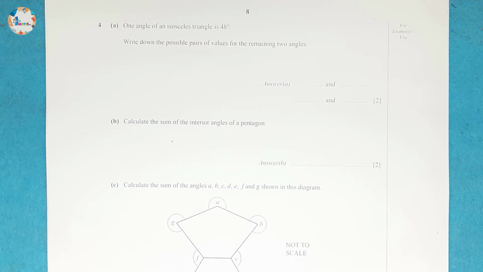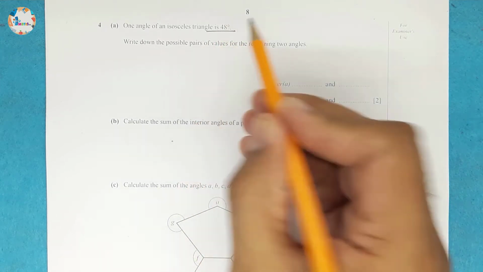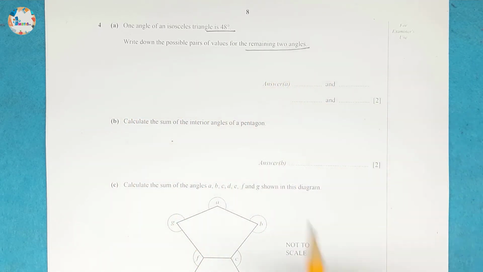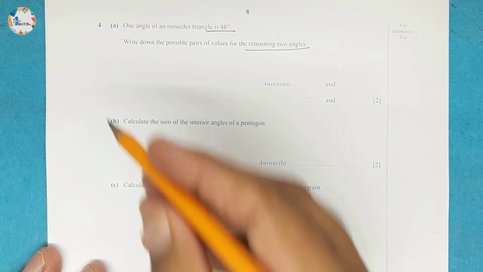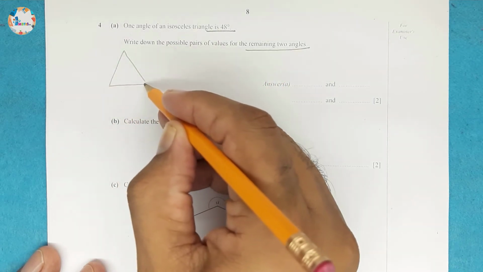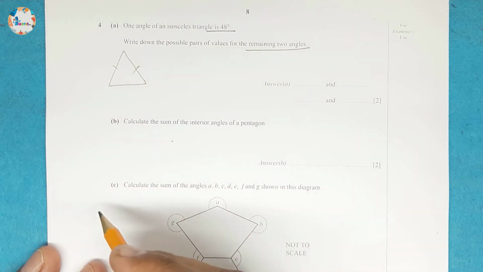Question number 4. One angle of an isosceles triangle is 48. Write down the possible pair of values of the remaining two angles. An isosceles triangle has two sides equal, so this side is equal to this one.